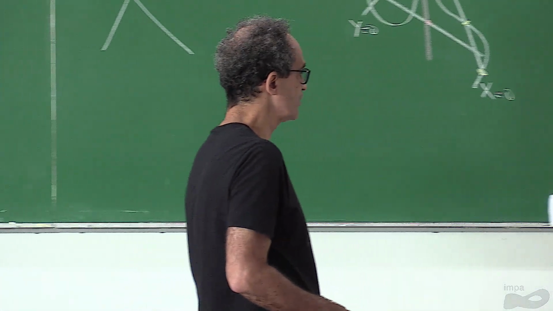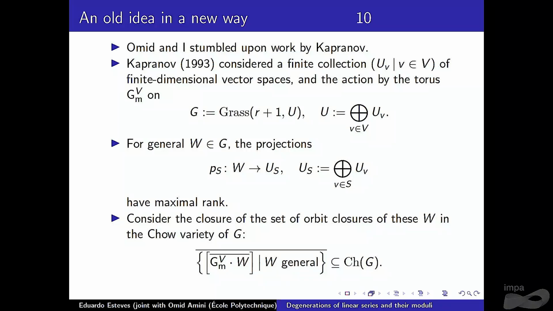And what he did was to consider what he called the Chow quotient of G. So he considered the orbits of a general W, the closure of the orbit, that's an irreducible subvariety. You look at the prime cycle associated to it.